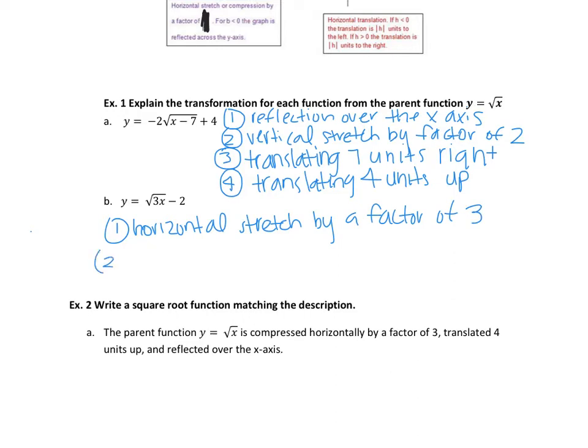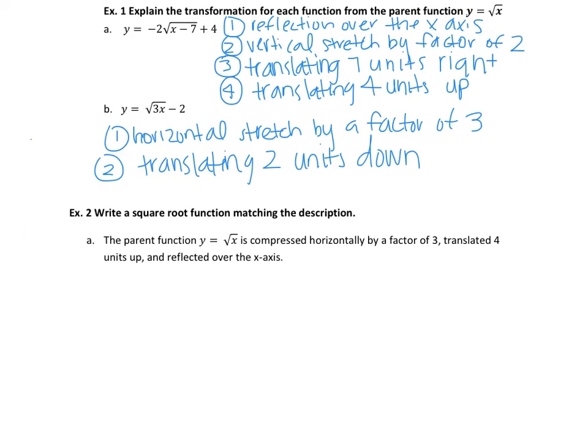And then that -2 means that I'm translating 2 units down. And that takes care of explaining our transformations. Hopefully you can recall when we did that at the beginning of the year.